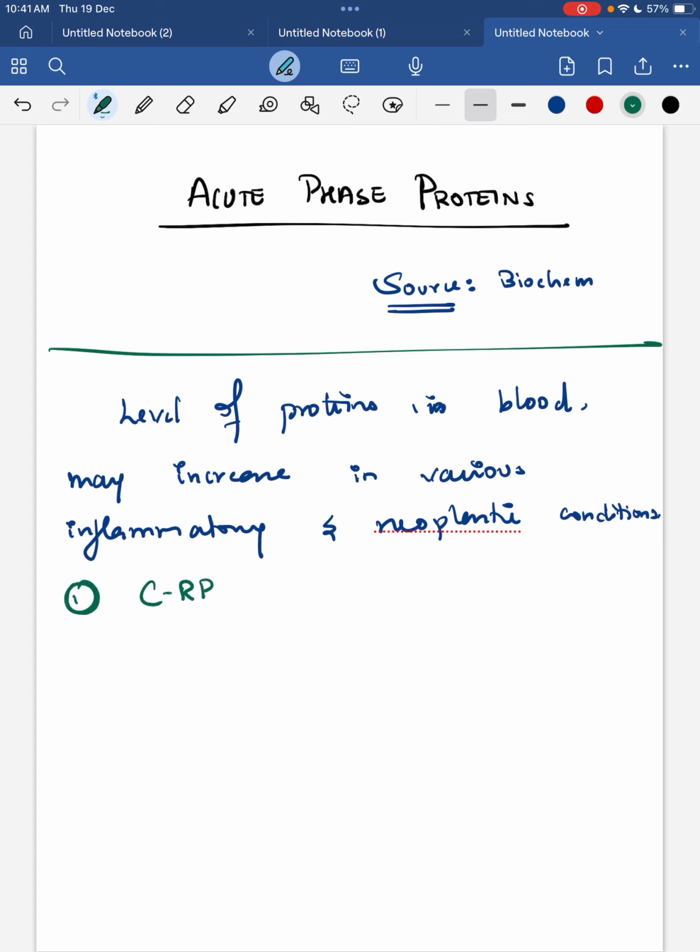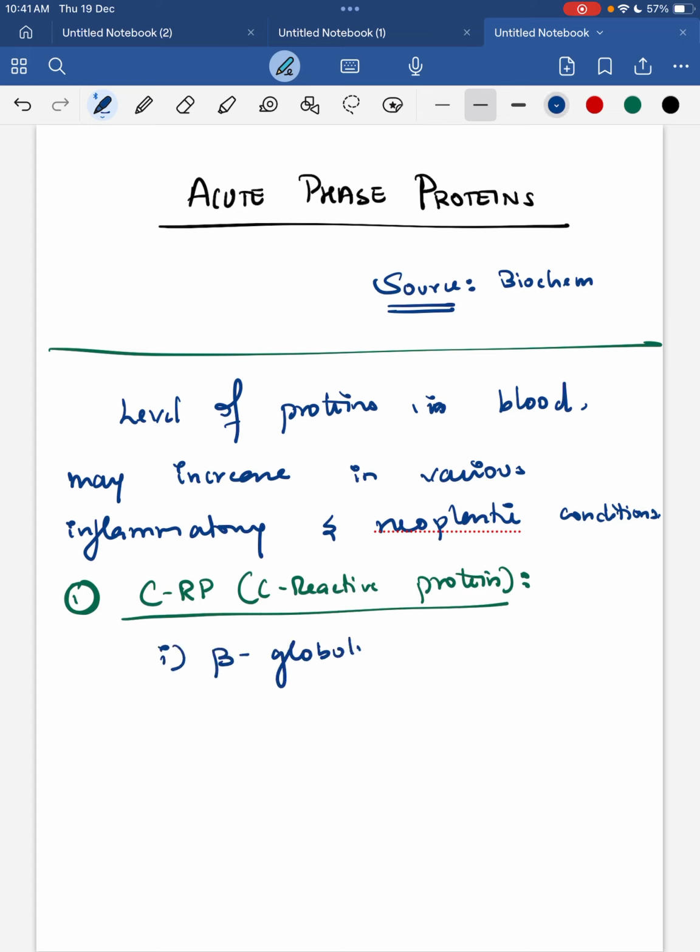First one is your C-reactive protein, that is your CRP. This C-reactive protein is a beta globulin. Second, it is mainly synthesized in your liver.